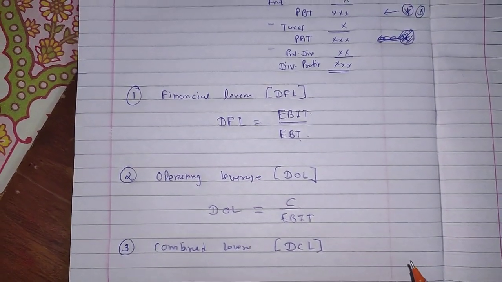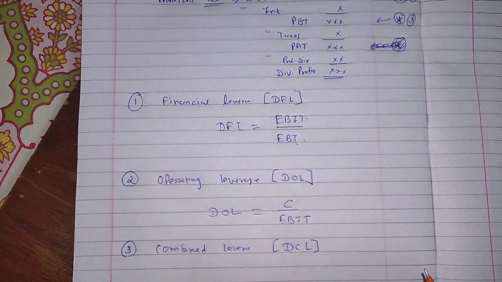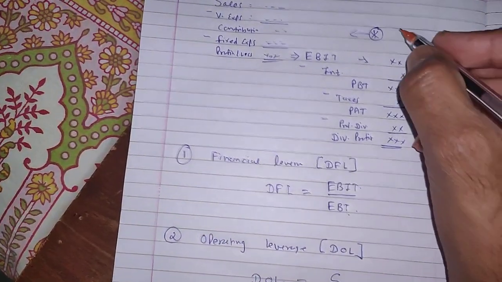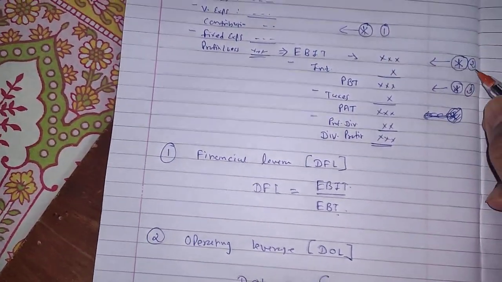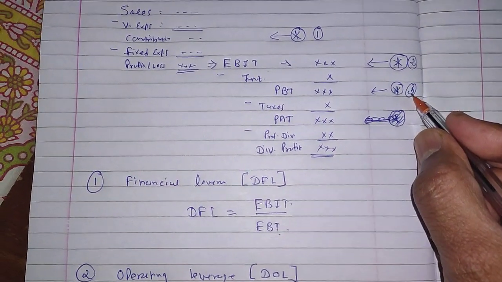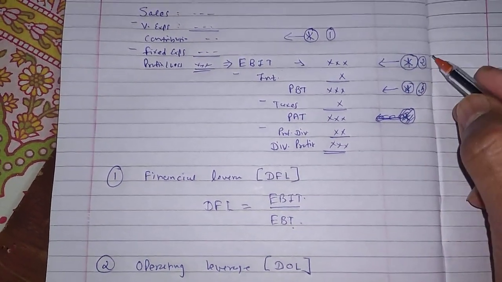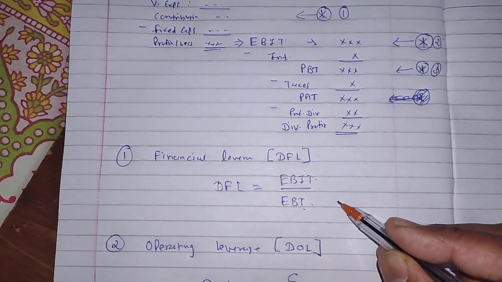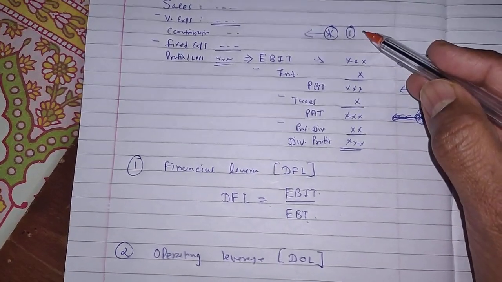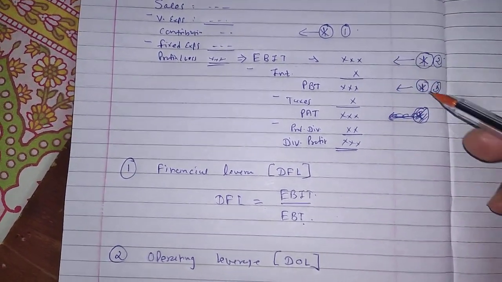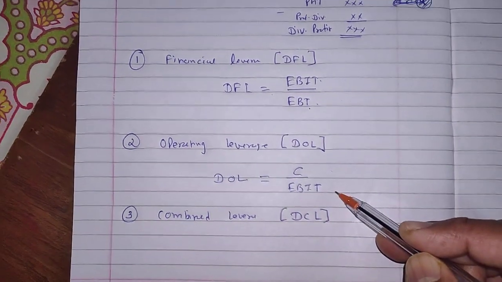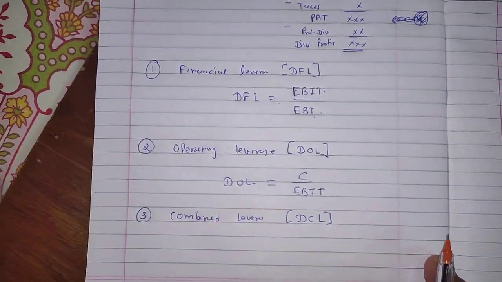C we are giving number 1, 2 is EBIT, and 3 is PBT, profit before tax. In short, 2 divided by 3, that is EBIT divided by EBT, is degree of financial leverage. C, that is 1 divided by 2, that is contribution upon EBIT, is operating leverage.